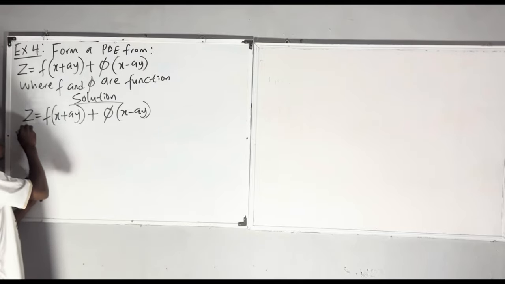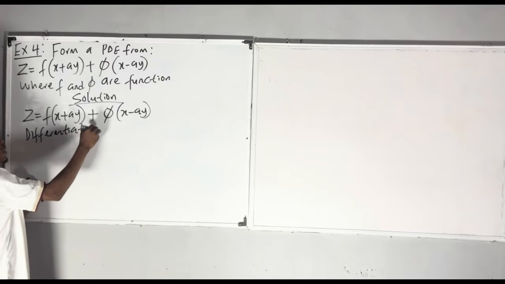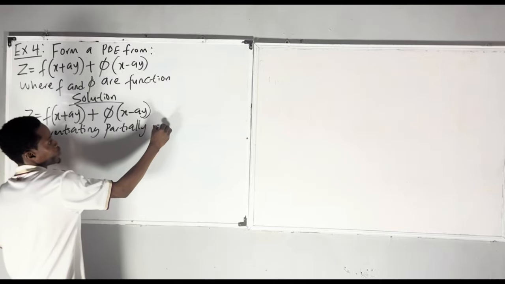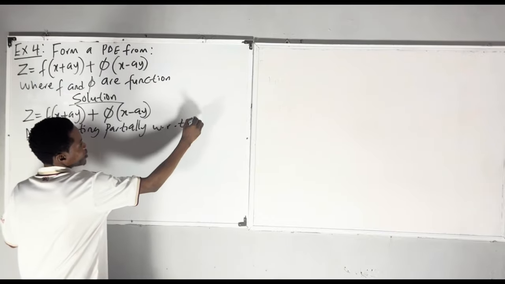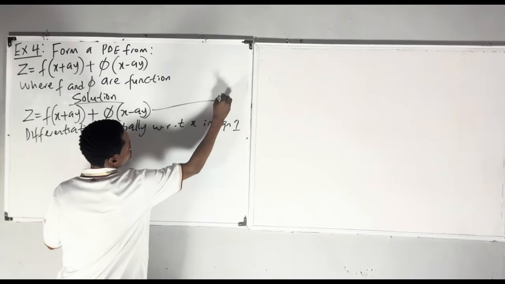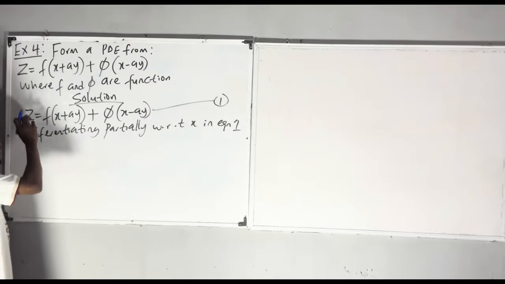So we are going to differentiate partially with respect to x in equation 1. Let me call this one equation 1. So let us differentiate partially with respect to x. I have z here.